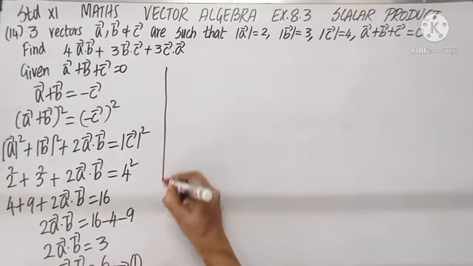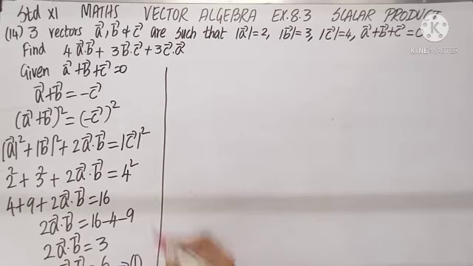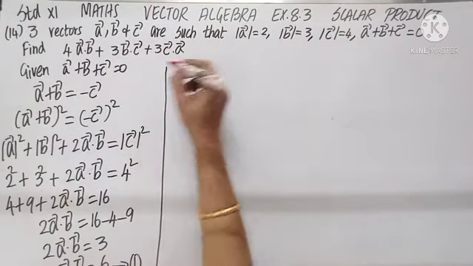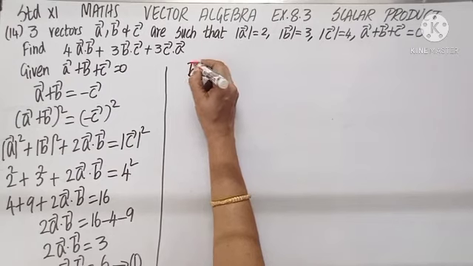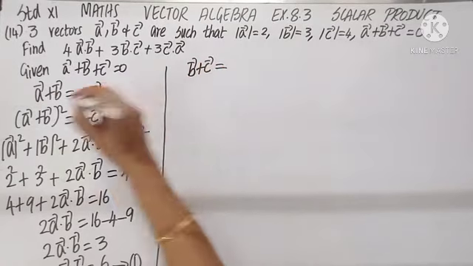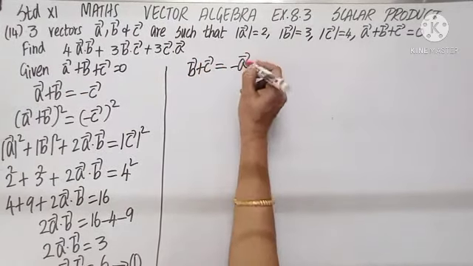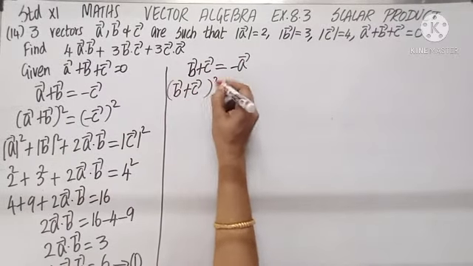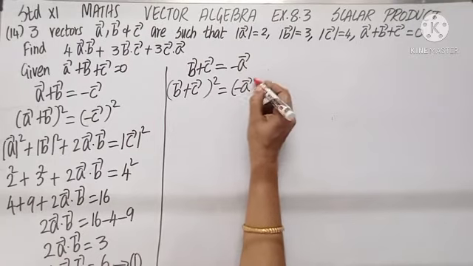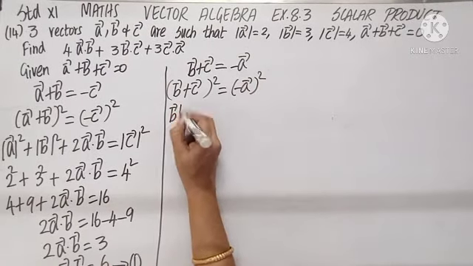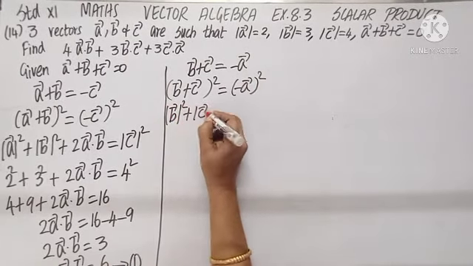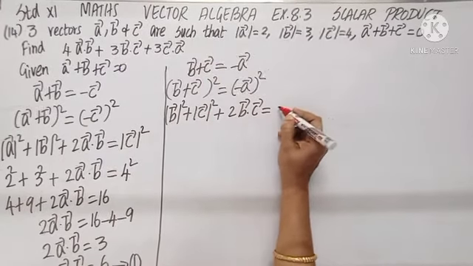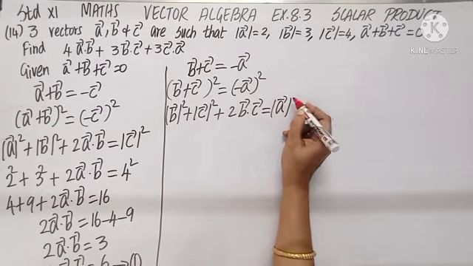The similar argument, let us find out B dot C. A plus B plus C is 0. Keep B plus C in the left and A to the right. The similar argument as we square: B plus C the whole square equals minus A the whole square, which is B square plus C square plus 2B dot C. It is mod A square.